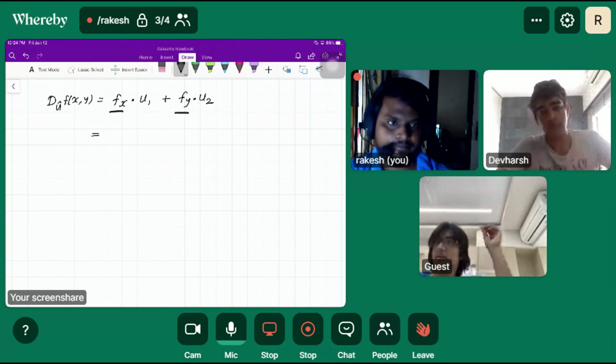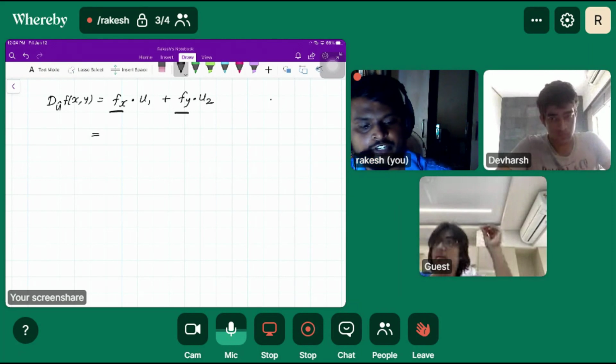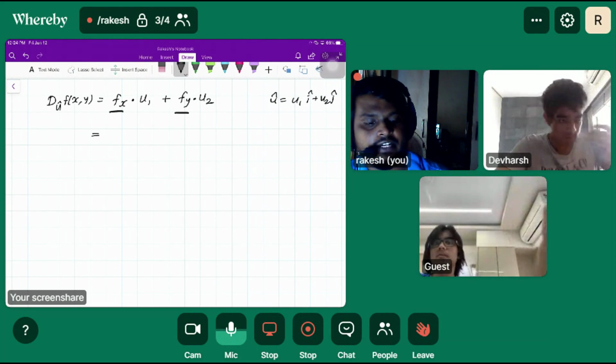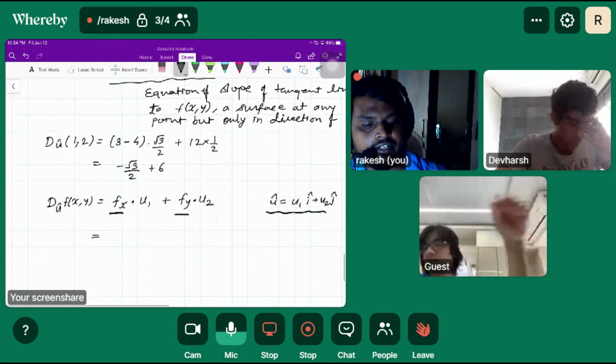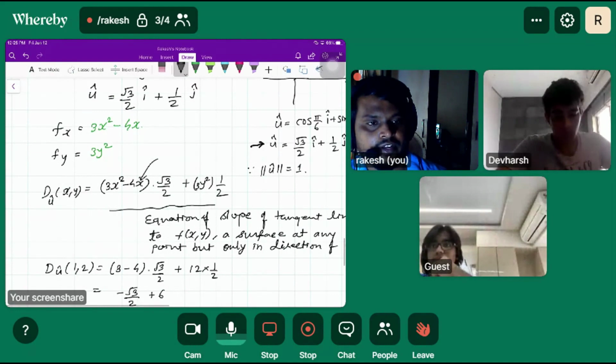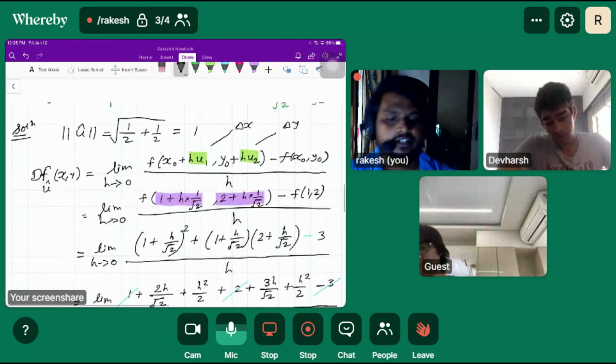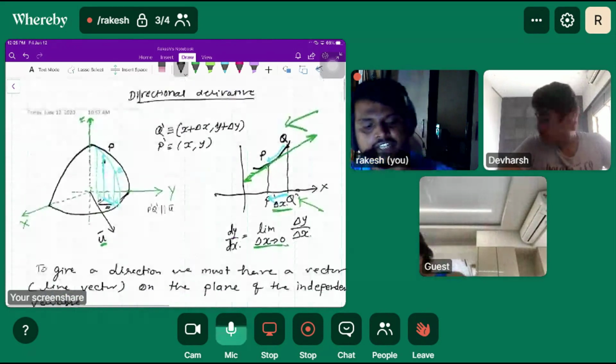So basically we are resolving u into i and j. U can be written as u1 i cap plus u2 j cap, which is a unit vector. The magnitude is 1, but the unit vector is written in terms of components.